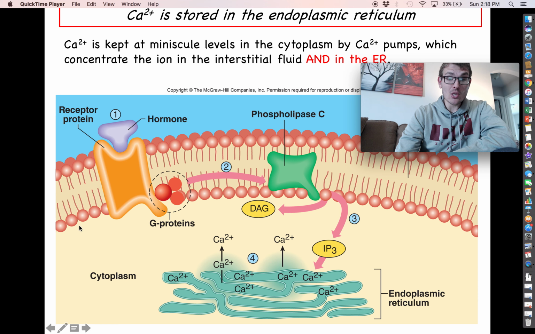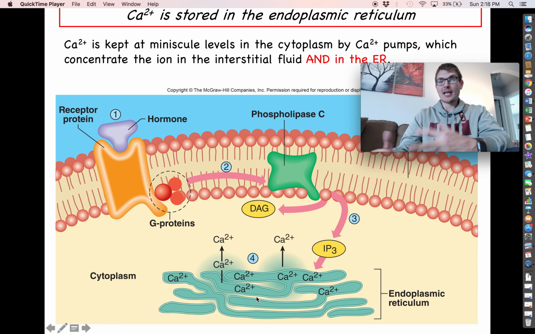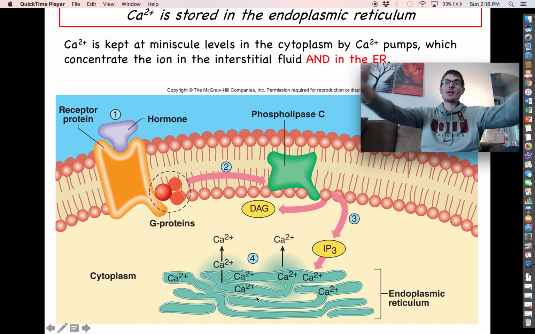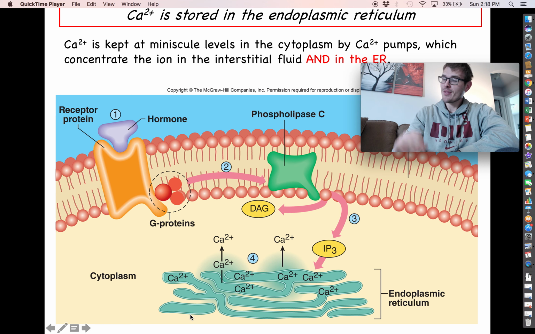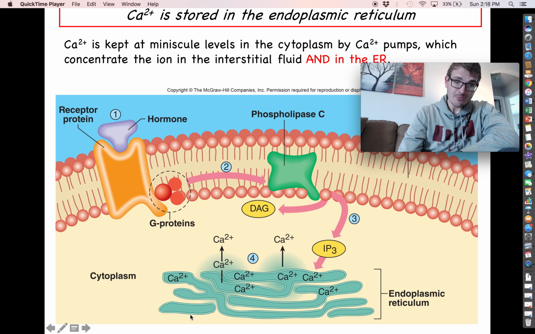A big reason why there is hardly any calcium in the cytoplasm is because, through active transport, the endoplasmic reticulum spends ATP to gobble up all of the calcium for itself. So we store a good majority of the cell's internal calcium in the endoplasmic reticulum, and we store it up for situations like this.